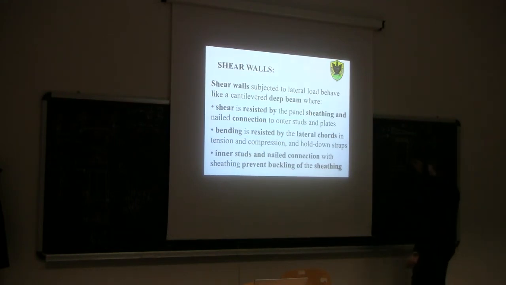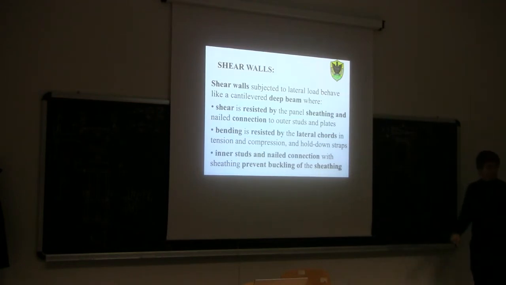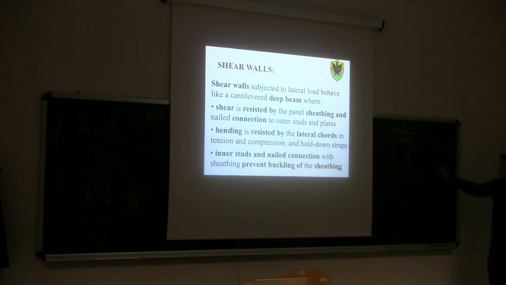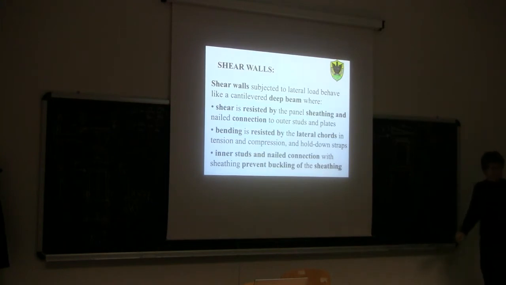So for the equilibrium, if I now study the equilibrium of this stud, I can write down that the shear here is also equal to C divided by H. Okay?